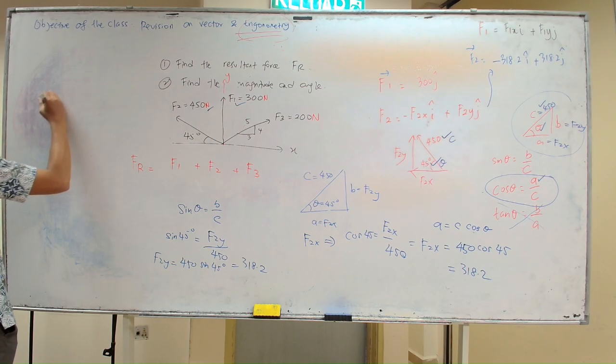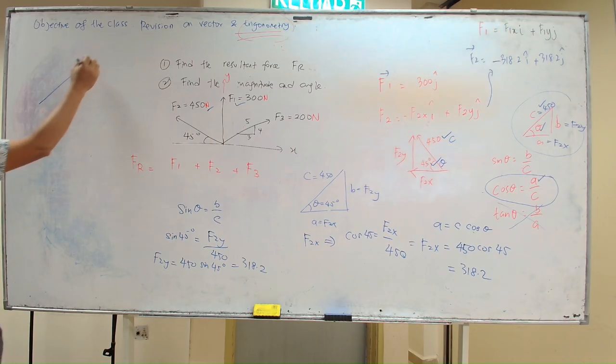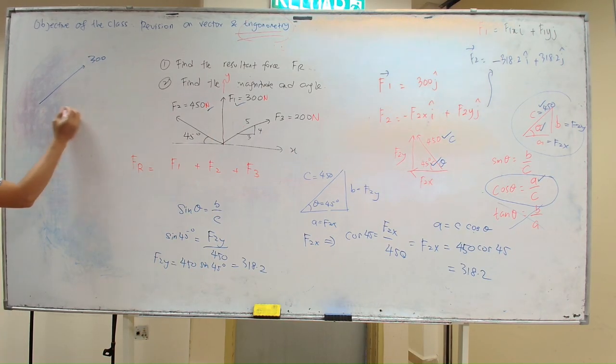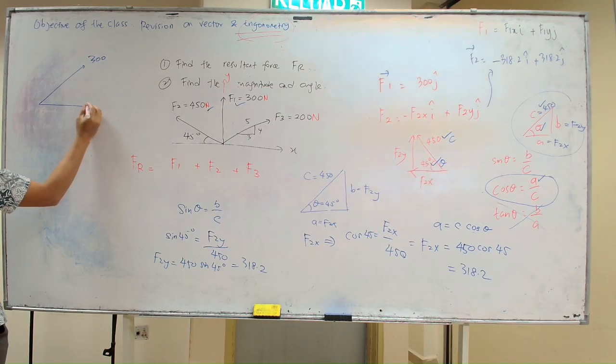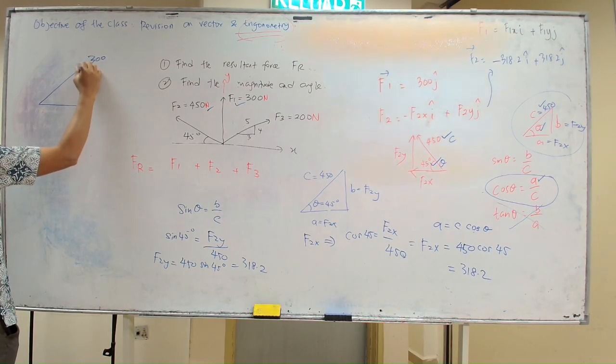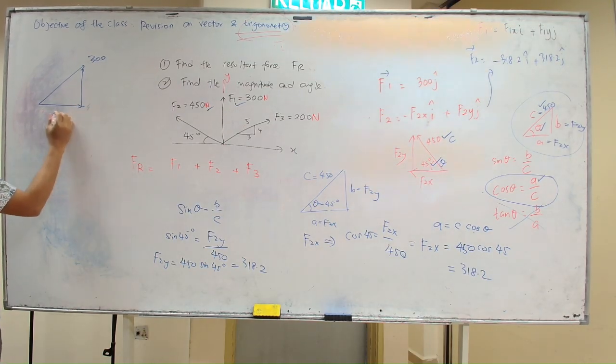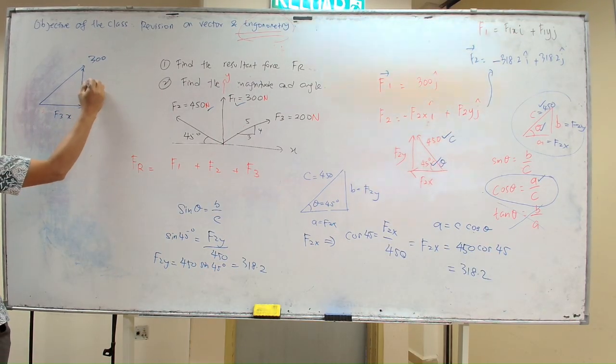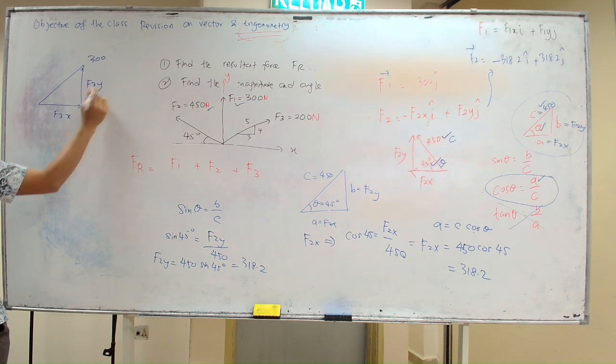So for the F3, we extract the information, 300. So this should be F3x, F3y.